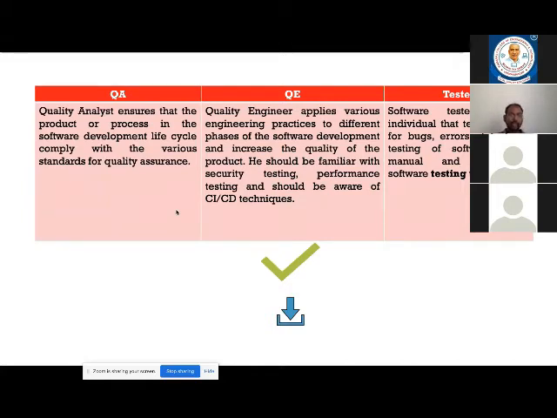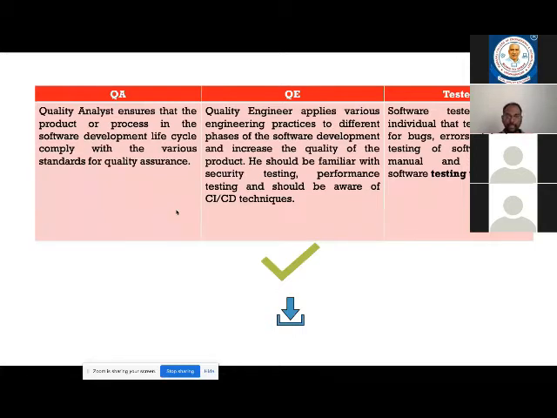When you take a quality engineer, he looks not only at product quality and the bugs or software issues that are found.